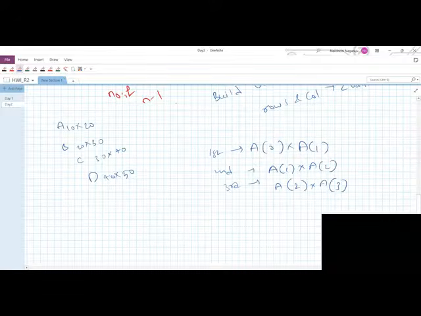For 1 it is 0 and 1, for 2 it is 1 and 2, for 3 it is 2 and 3. From this we can understand that for the ith matrix, the dimensions will be a of i minus 1 into a of i. You can understand this by seeing the above derivations.